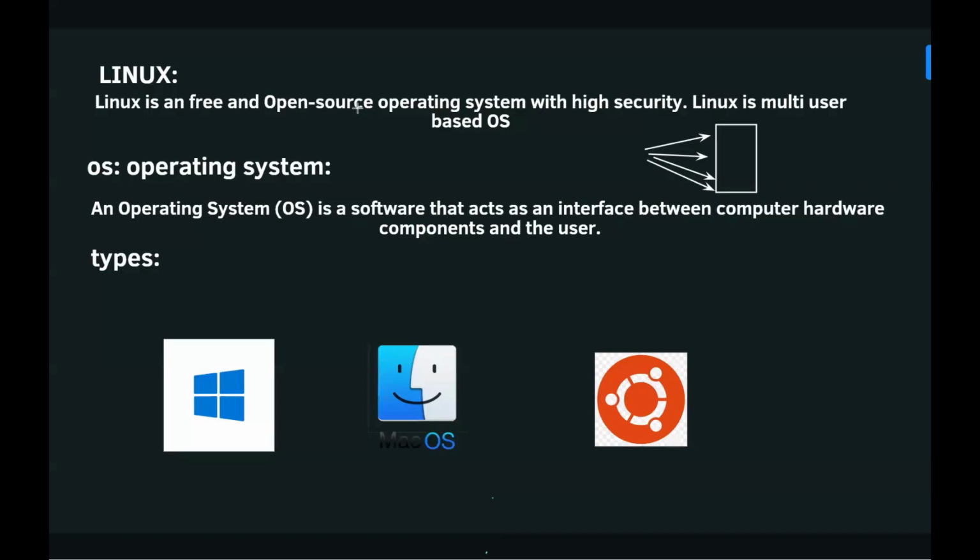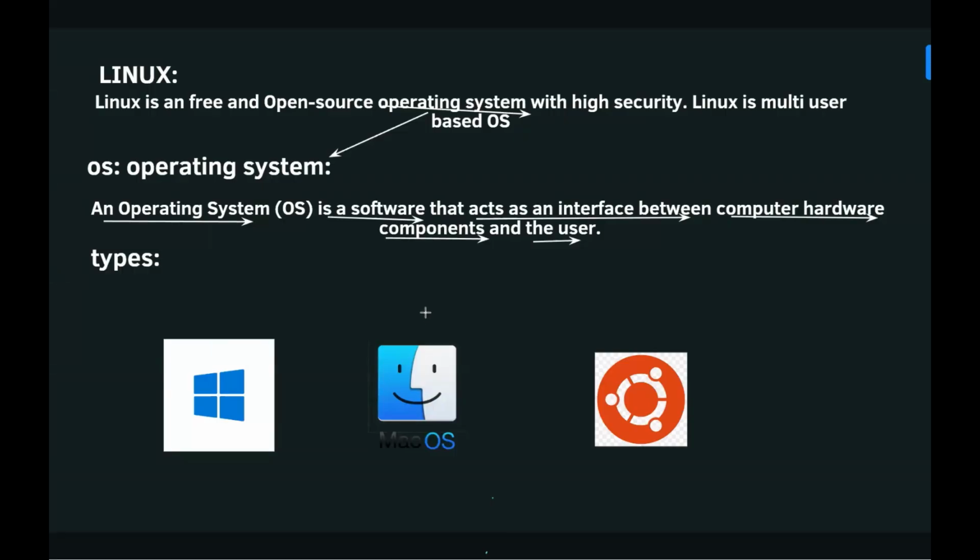Next, operating system. I have mentioned here operating system. An operating system is software that acts as an interface between your computer hardware components and the user. So that's what we have discussed, right?